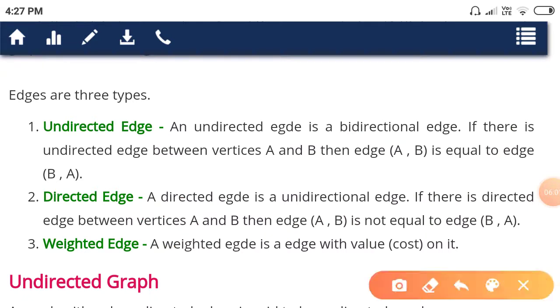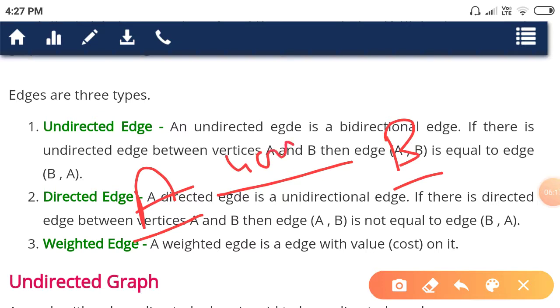Next, weighted edge. What is a weighted edge? A weighted edge is an edge with a value on it. Here a and b are two cities. From a to b the distance is like 400 meters or 400 kilometers, some value. If there is some value on this edge, we call this edge a weighted edge.